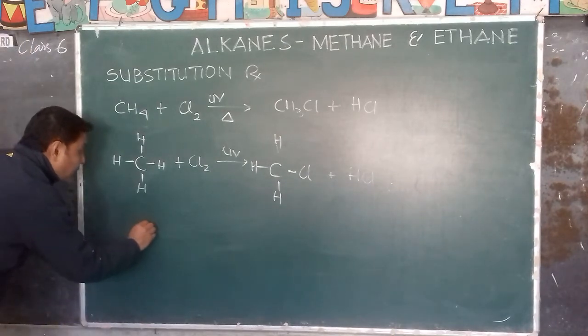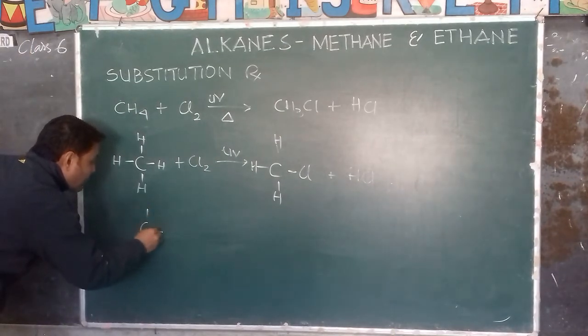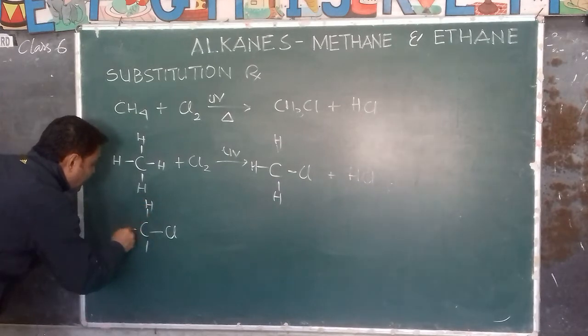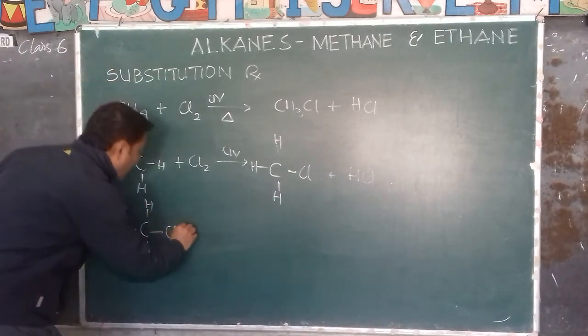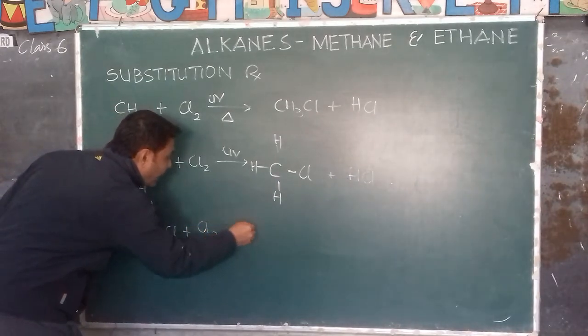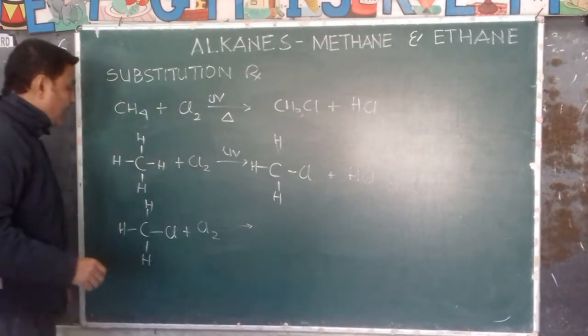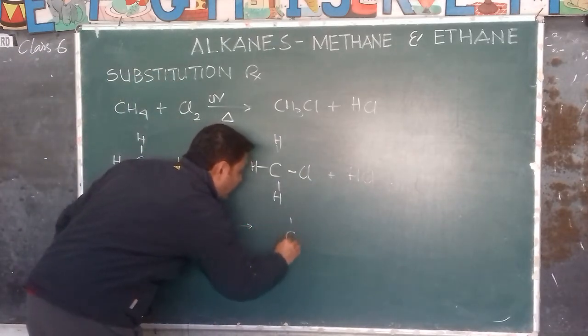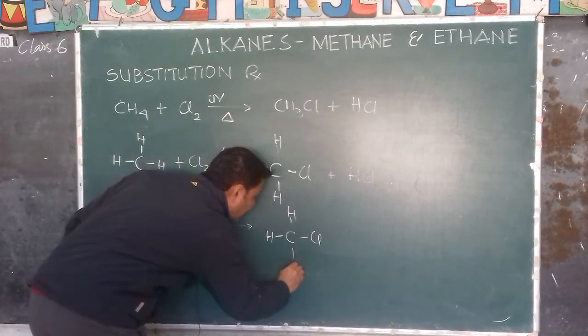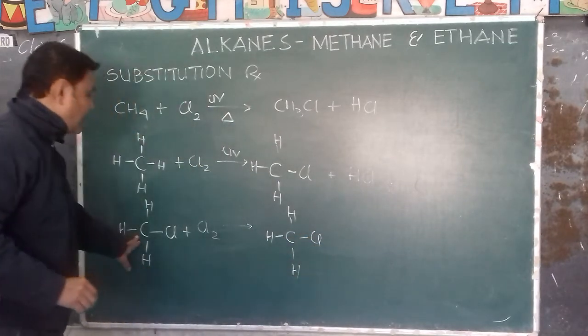Further, this is methyl chloride. Methyl chloride further reacts with chlorine under the same conditions to get dichloromethane. We already had this chlorine and this hydrogen.